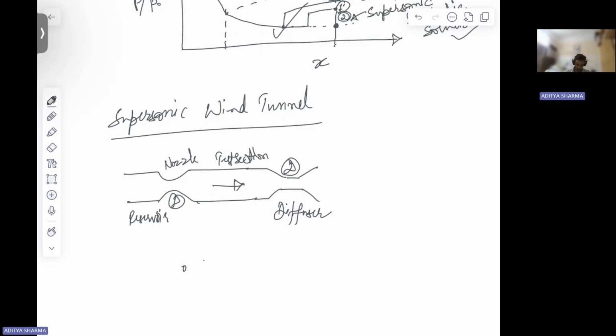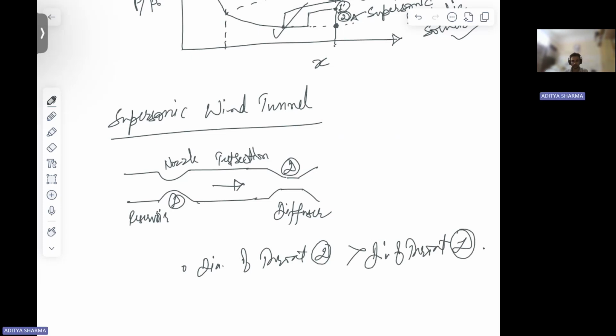And your diameter of throat 2 is greater than your diameter of throat 1, okay, in your supersonic wind tunnel. And why do we use a diffuser? So that we have minimum pressure losses in our wind tunnel. Okay.